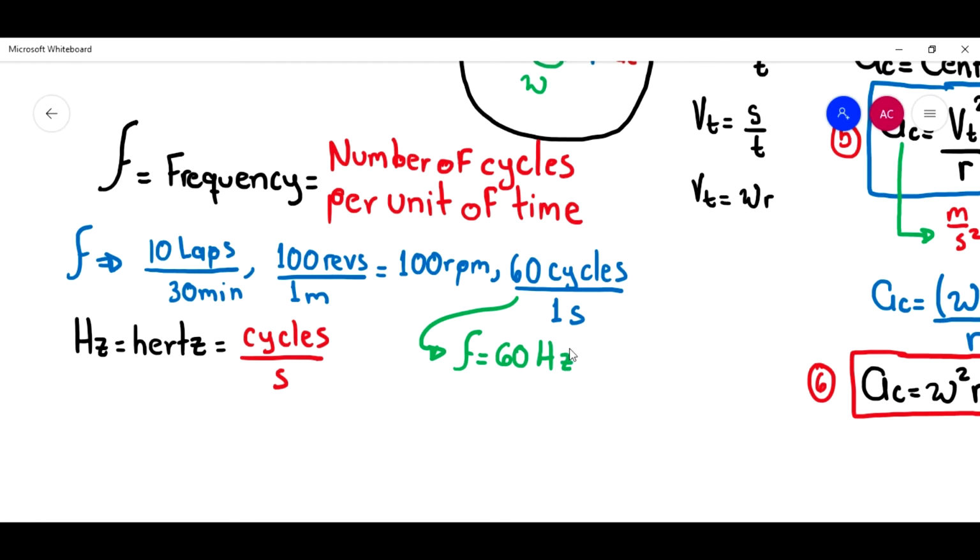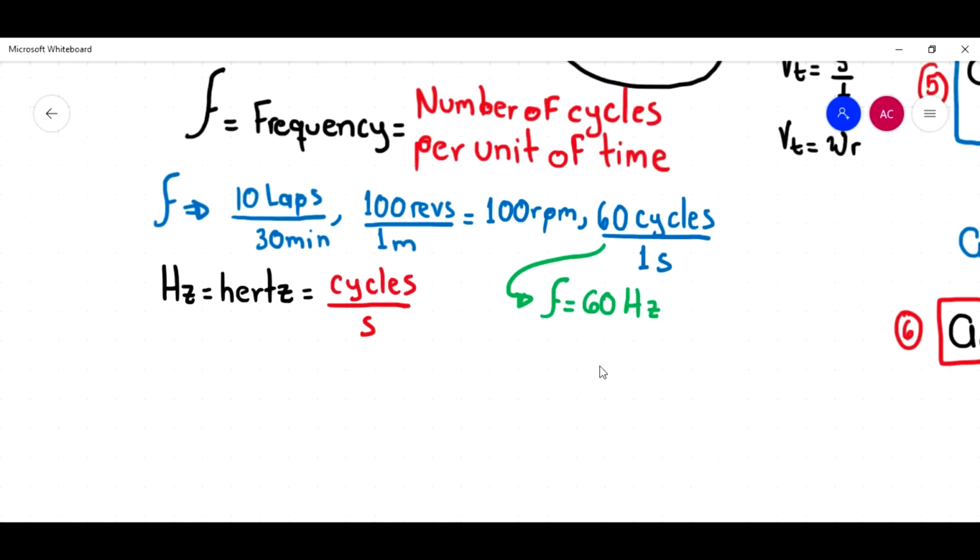Okay, 60 cycles in 1 second. And if you know, that is the frequency for alternating current. I don't know if you are going to see it later, if you are going to study electrical engineering or something. So this is a concept that is going to be very common.